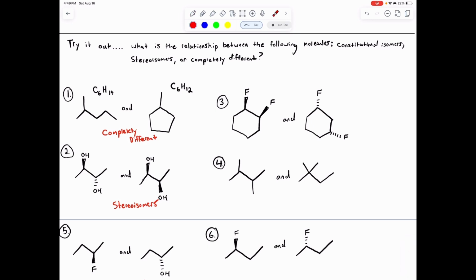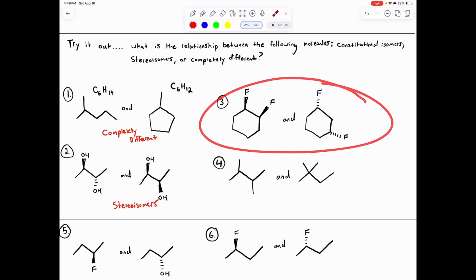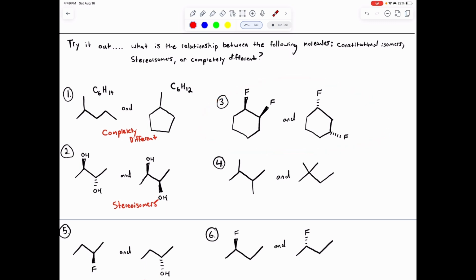So first off, what I want you to notice, we have the same chemical formula. 6 carbons, 10 hydrogens, 2 fluorines for both of these. Now, with that being said, we are going to ask if these have the same connections or different connections.